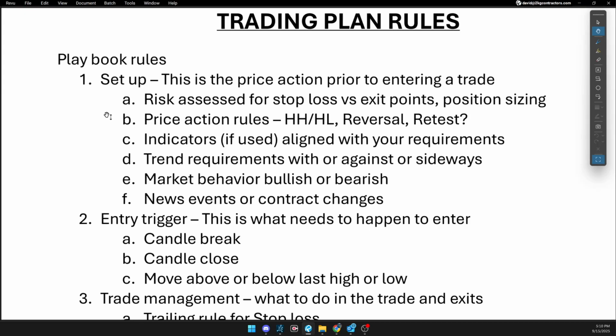The higher time frames, the 4 hour, can be a little bit indifferent on that, but I still try to. If I'm taking a long trade, I would like to see the market bullish. If I'm taking a short trade, I would like to see the market bearish. News events, contract changes.